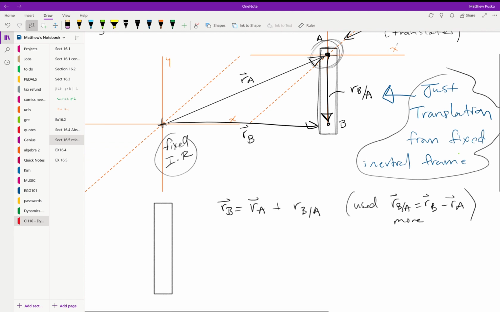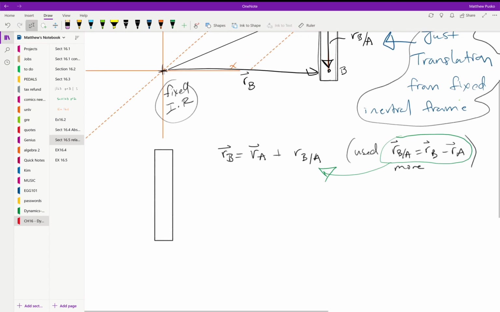So we normally wrote r of B with respect to A is equal to r of B minus r of A. That was just the way that makes more sense to me. But now we're going to have to go to this version, because I'll get to it in a second when we look at velocity.